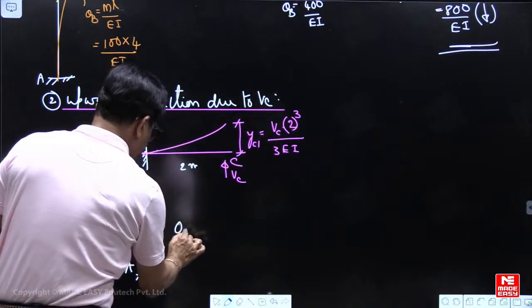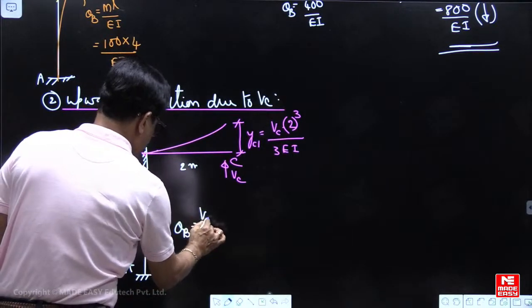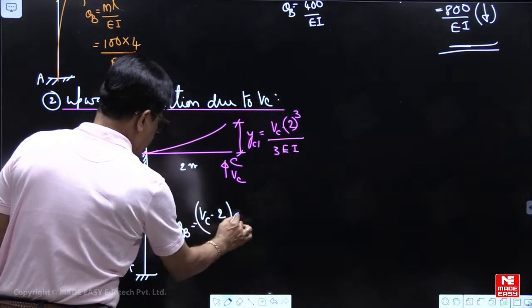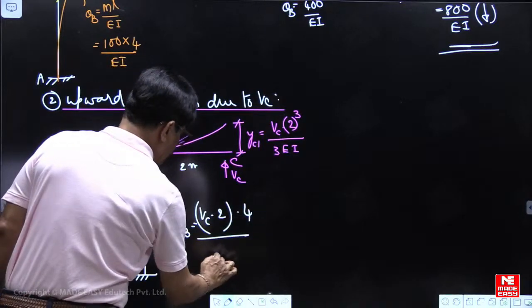Now what is theta B? This M into L, L is 4 meters, ML by EI.